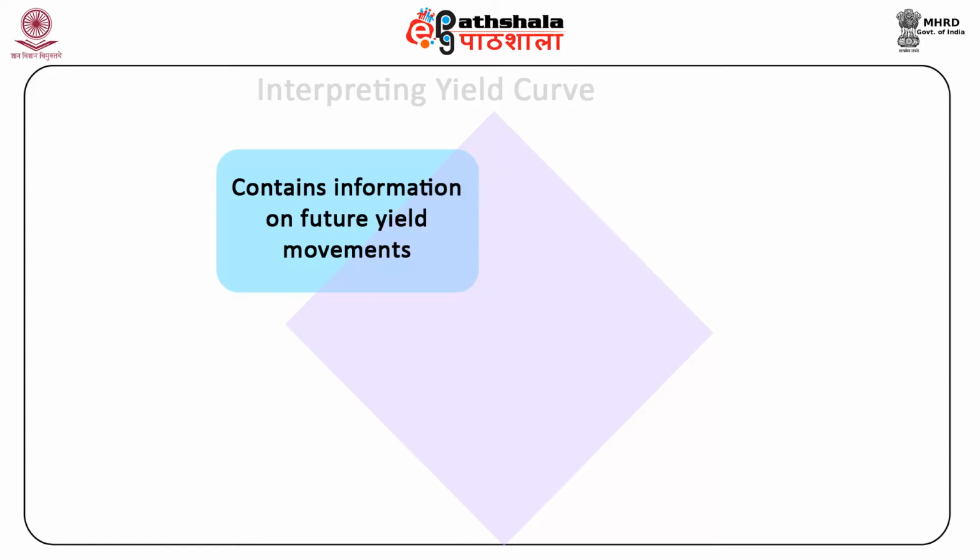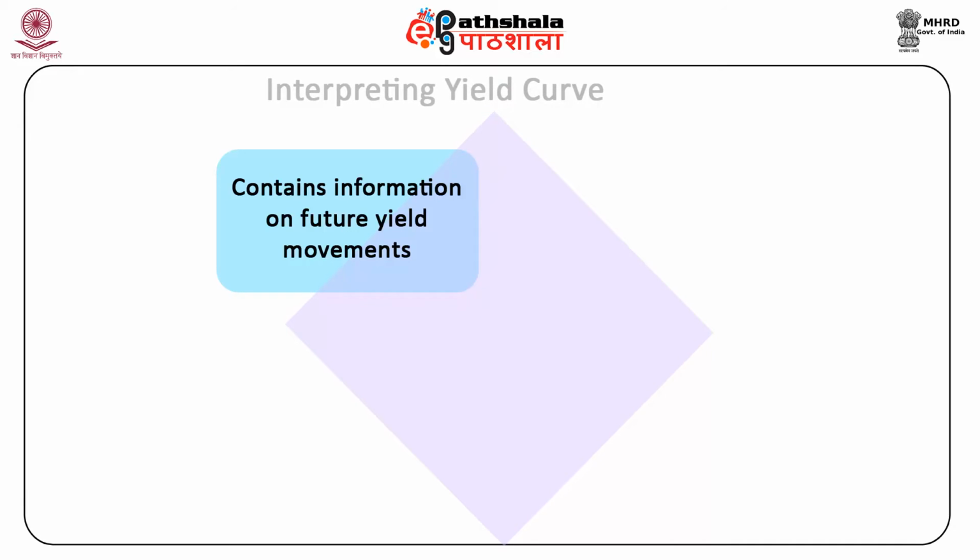The yield spread contains information on future yield rate movements. An upward sloping curve is an indication of rising short-term yield rates. Thus, a significant positive correlation has been observed between yield spread and future short-term yield rate changes.